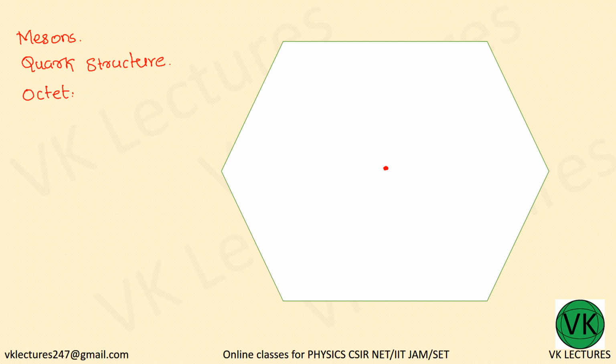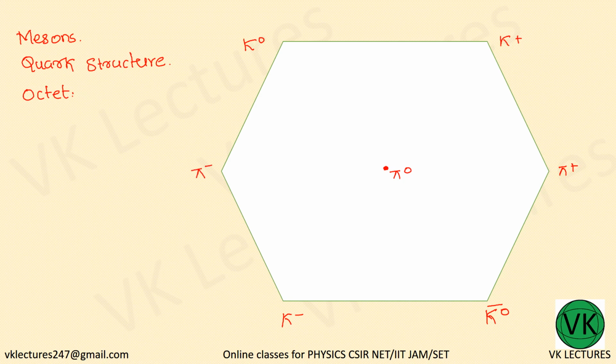Now we'll start with the K plus and K naught. These are two particles, and K naught bar on the right hand side, and towards here it is K minus, and here you have pi plus, pi naught and pi minus.